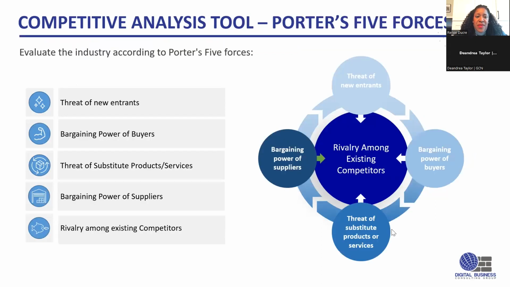This is a tool, and actually I forgot to put this in the homework package, but I'll send out an update in case anyone's interested. This is from business school, but basically it's a way to look at the market and your competitive landscape.